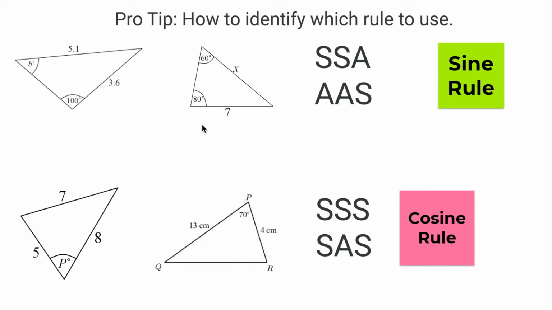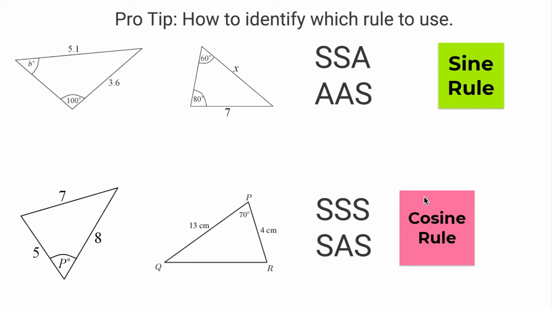In the second triangle, we have an angle, another given angle, and a side. So if the measurements are given in the order angle, angle, side, then use the sine rule. Now the order doesn't really matter. You could have side, angle, angle, and you'd still use the sine rule. Or you could have angle, side, and you still use the sine rule.